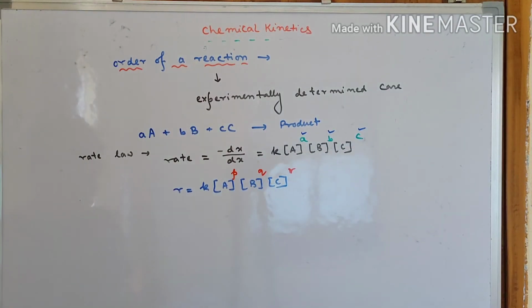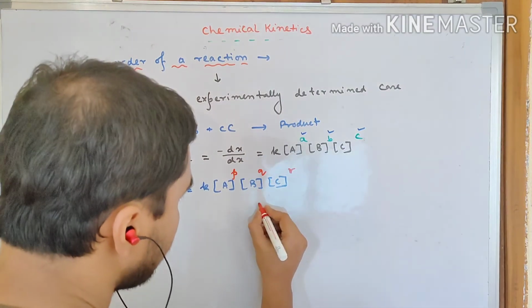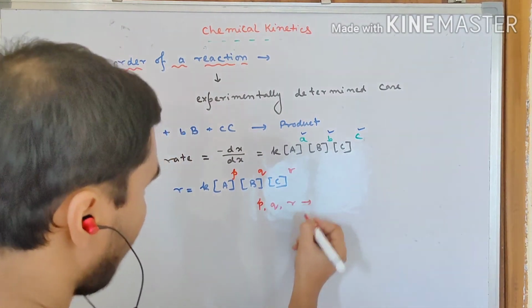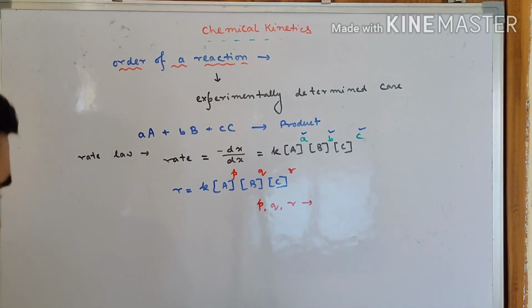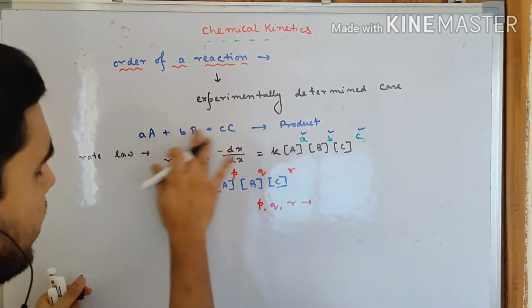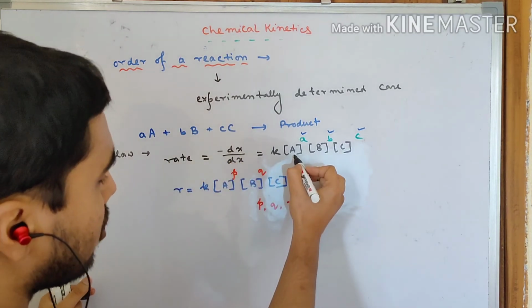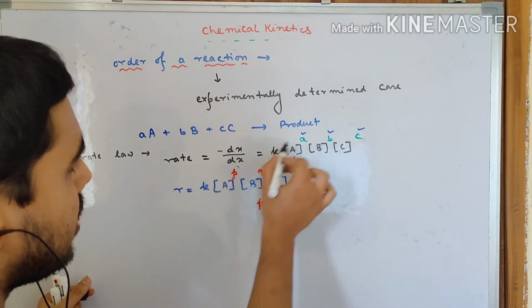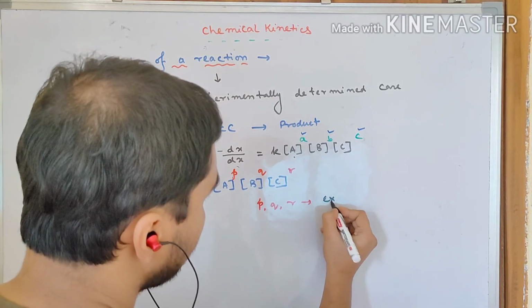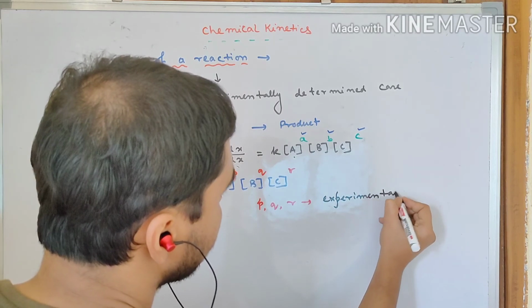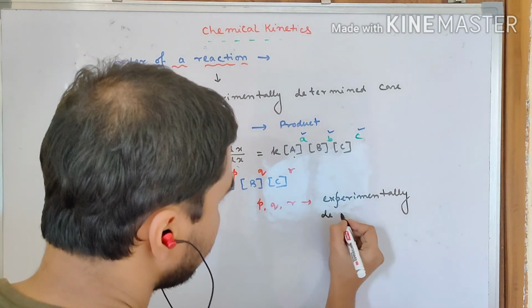Now you must be thinking, what are these p, q and r? So let me write that p, q and r, all these three are experimentally determined quantities. We have carried out this reaction and it has been found that the rate depends on A and its power should be p, not a. So it is experimentally determined.